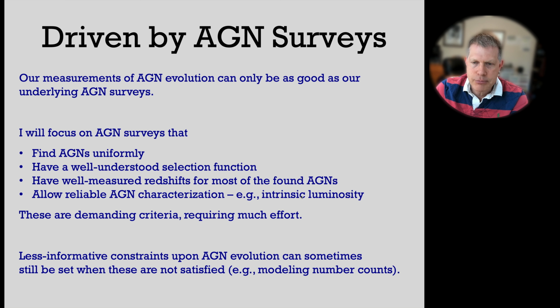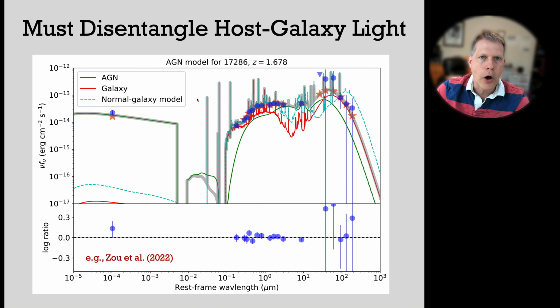Another example I'll just mention briefly is that lower luminosity AGN systems, sort of low to moderate luminosity AGNs, are cases where the host galaxy can make a substantial contribution to the total light from the system. And here is a case where you have an AGN that has excellent photometric measurements across many bands, running from the far infrared through to the mid-infrared and near infrared and the optical and the ultraviolet, and then the X-ray.